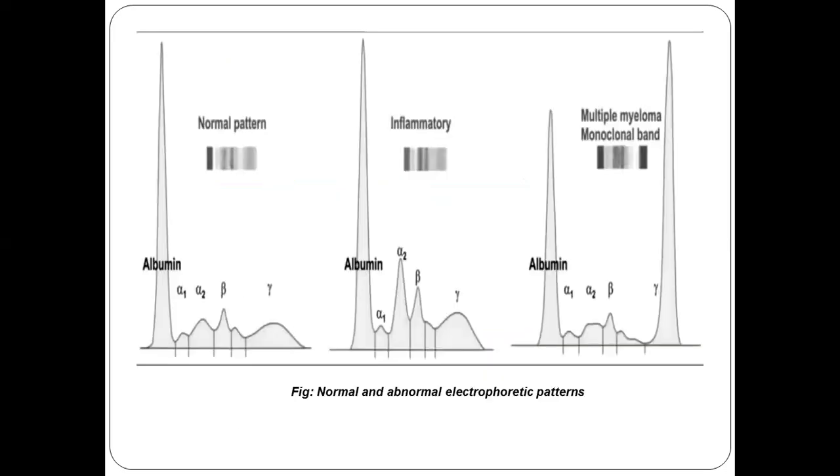You can see this is the normal pattern, and this is the inflammatory pattern of the electrogram, and this one is multiple myeloma. Here, this is the M-like structure, so you can call it an M band.